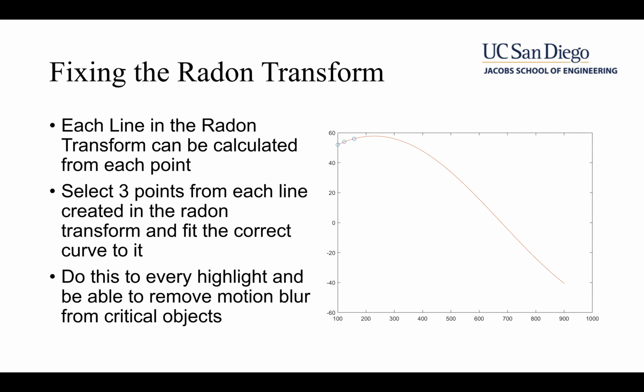And since the Radon transform can be calculated mathematically, we're able to take a small slice of the data and use that to try and recreate the rest of the Radon transform. And the assumption is that if we're able to apply this to every highlight, we're able to remove motion blur from critical objects.